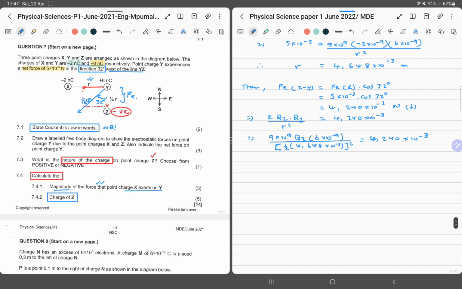Of course, you know from here now that this is over 1, and then when you cross multiply, we can see that therefore Q on Z is going to be 4,240 times 10 to the minus 3 into this half of 4,648 times 10 to the minus 3 squared, divide by 9 times 10 to the 9 into 6 times 10 to the minus 9.